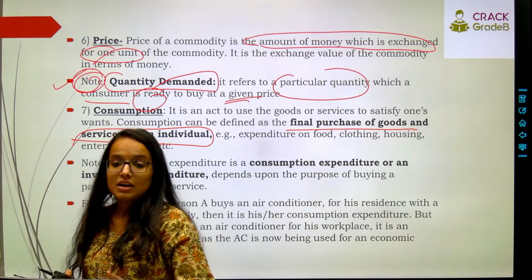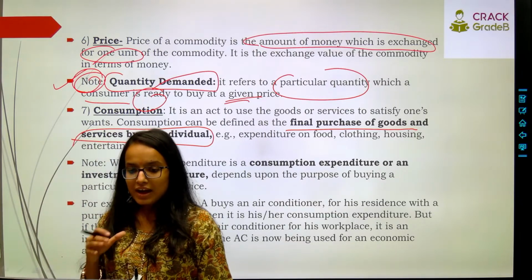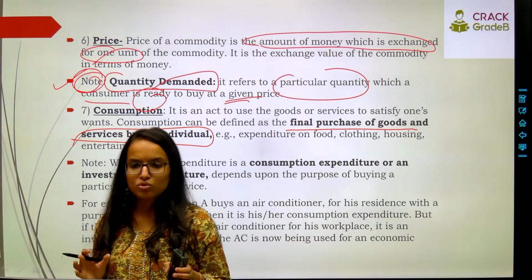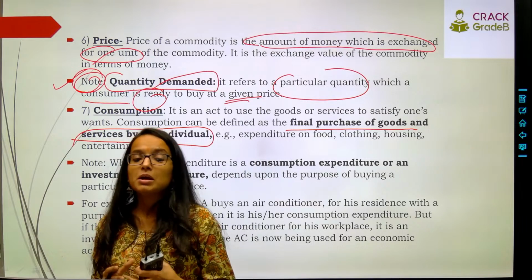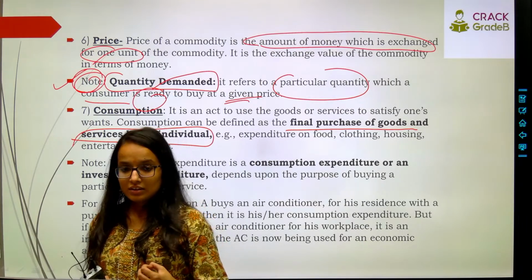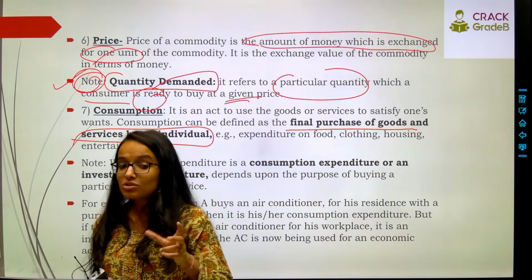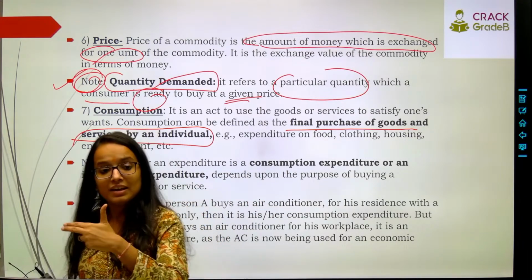But when you buy something to invest, for example, if I buy an air conditioner for my own comfort, for my own room, it is consumption. It is a consumption expenditure done by me. But if I buy an air conditioner for my office, it is not consumption, it is investment. It is an investment expenditure.